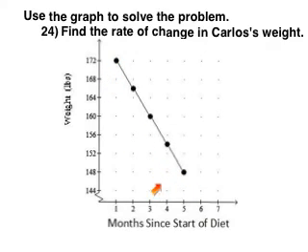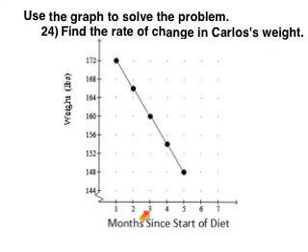Notice these points, this would be one grid line here, right? And then this is another one. This point is right on where the grid lines cross. We can see it's exactly 172 pounds and exactly at 1 month. This one is in the middle, and it's hard to estimate what that is. This one is right on the place where they cross too. So this would be a good point too.